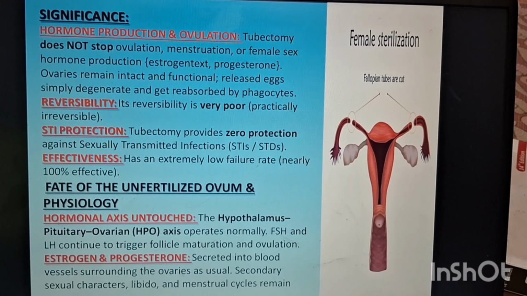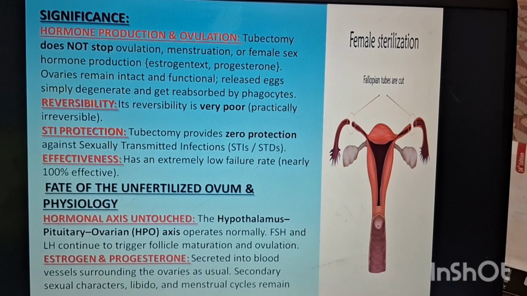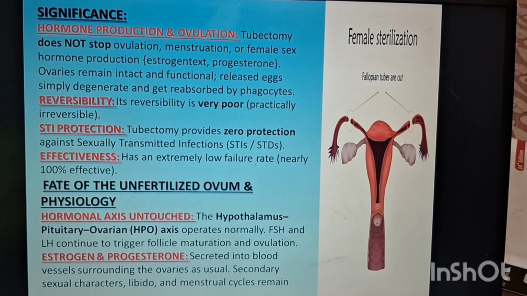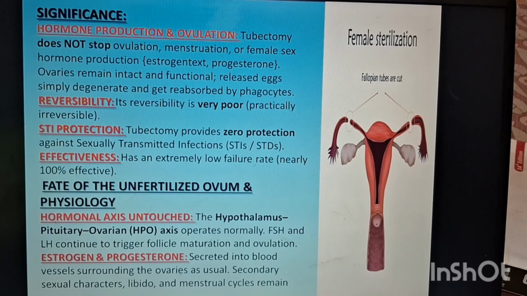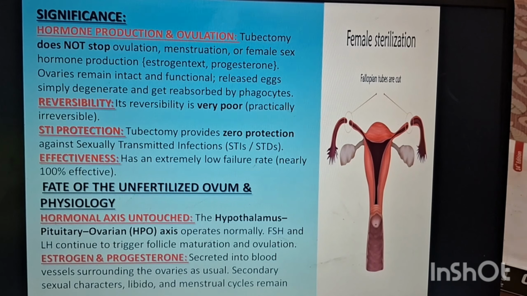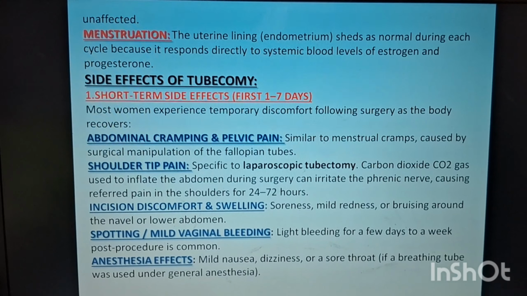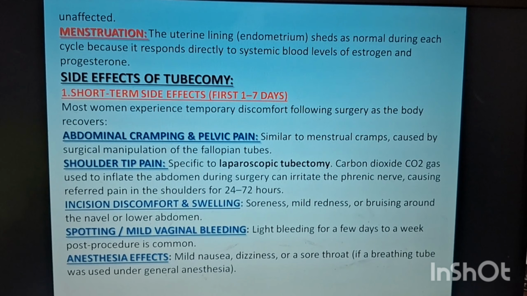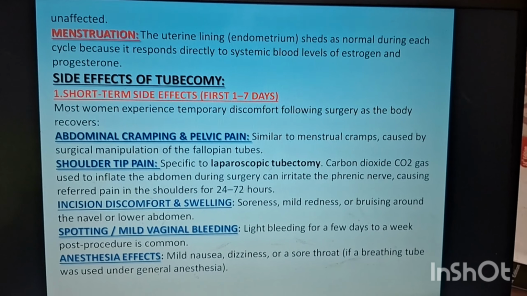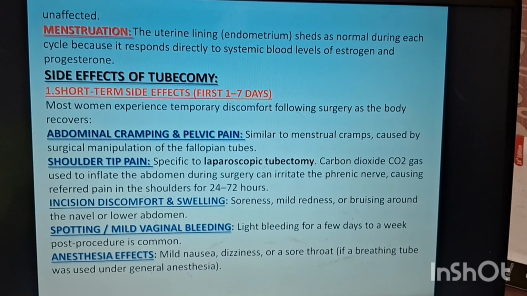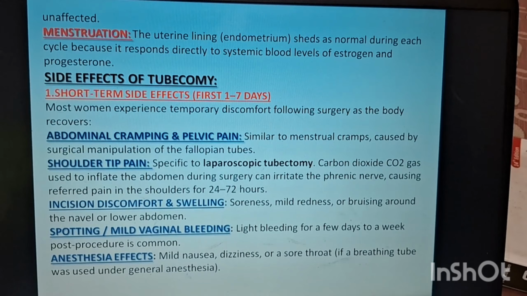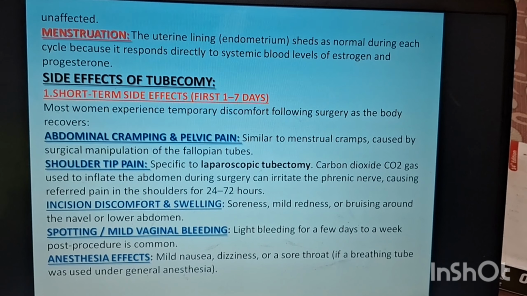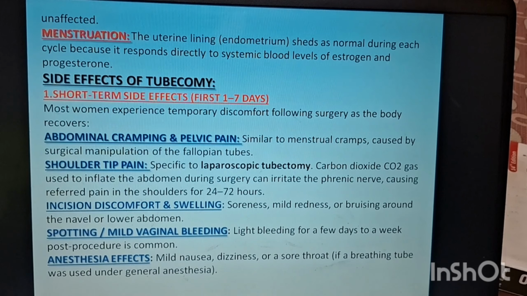Next, estrogen and progesterone are secreted into blood vessels surrounding the ovaries as usual, and secondary sexual characters, that is libido and menstrual cycle, remain unaffected. And menstruation, the uterine lining sheds as normal during each cycle because it responds directly to systemic blood levels of estrogen and progesterone. Next, side effects of tubectomy.